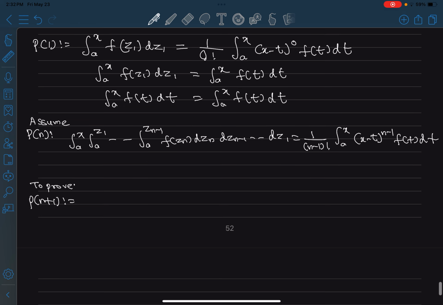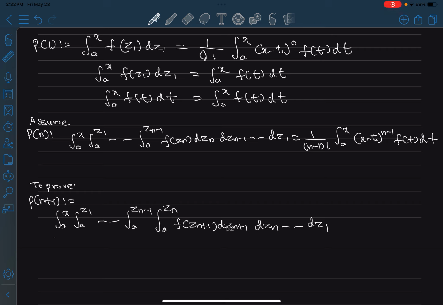And what we want to prove is a to x, a to g1, and now at this time this actually goes up to n plus 1, right? So if you substitute n plus 1, this should be g sub n plus 1 minus 1, which is n. And over here this should be g sub n plus 1, dz sub n plus 1, dzn up to dz1, right?